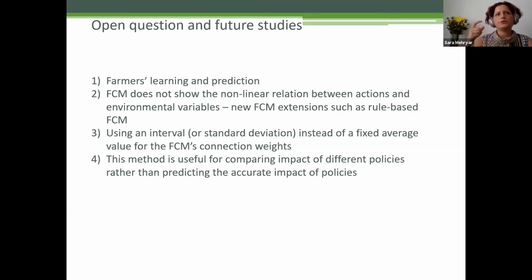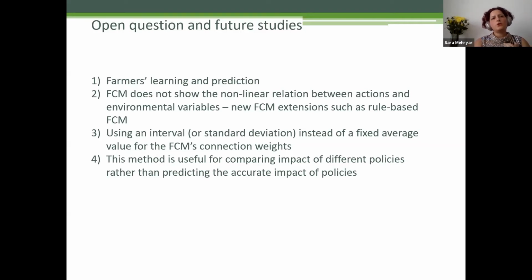So for example, we don't really see in this model the non-linear relation between the actions and the environmental variables. However, there are some FCM extensions, such as rule-based fuzzy cognitive maps, that introduce ways to take account of the non-linear relation between variables, which can be used in future studies.